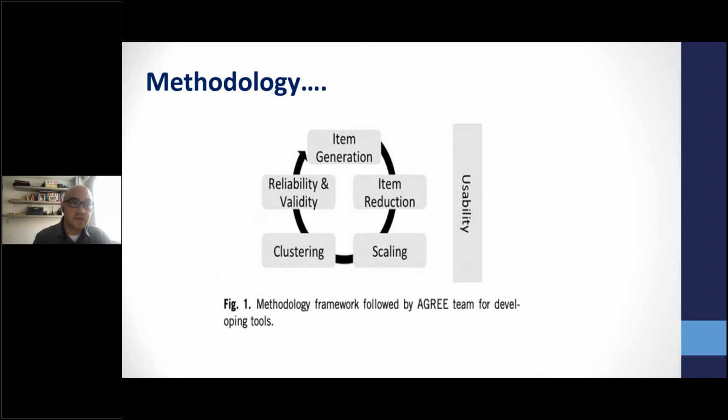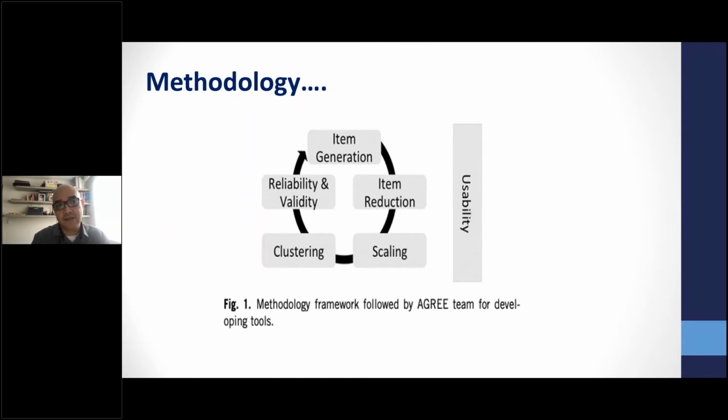Next, please. As you can see, it's an international collaboration of people. What does AGREE do? We create tools that all follow the same methodology, as summarized in this figure. We start with item generation, which is creating a list of items that are going to be covered in a tool. This has a process to select the best items, usually by a systematic review and a consensus of experts.